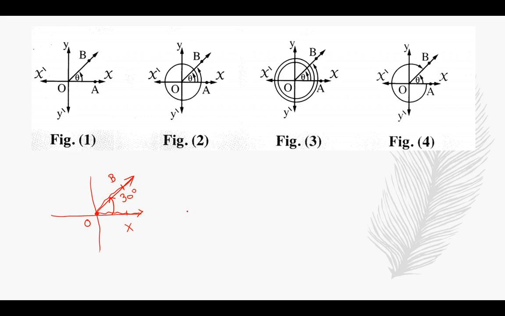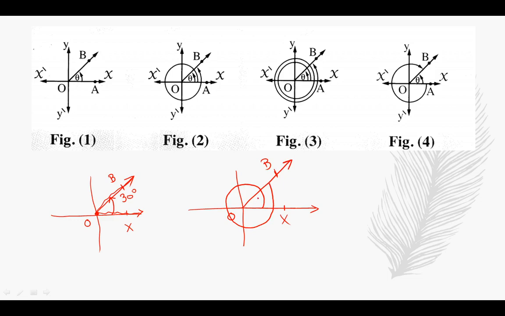If I draw another angle, this is the x-axis and this is the y-axis, and here is the terminal side. Here O is the vertex, the origin point, and here X, and this will be B. This angle starts from the initial side and makes one rotation, whose measure equals 360.